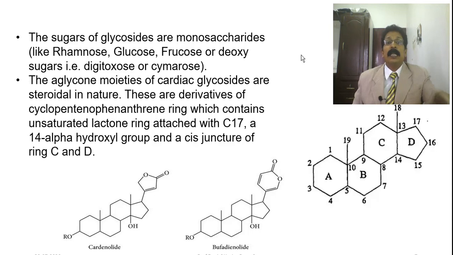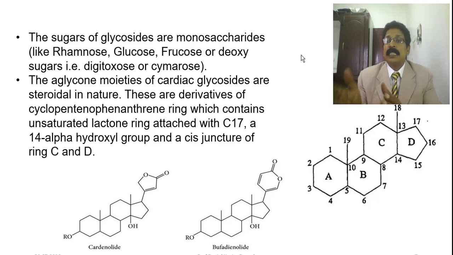These are derivatives of cyclopentanophenanthrene ring structure, which contain an unsaturated lactone ring attached to C17 and a 14 alpha hydroxy group. We can see there is a 14 alpha hydroxy group in the cis juncture of the C and D structure.